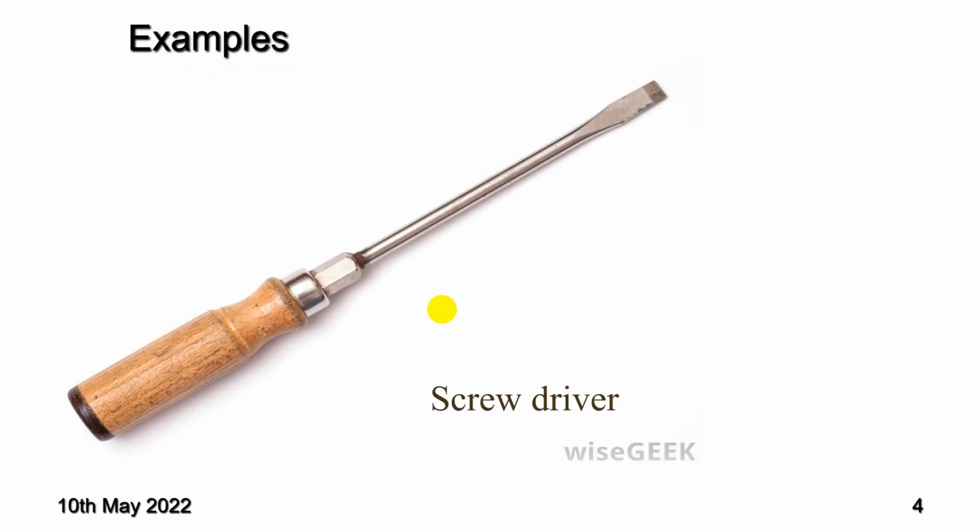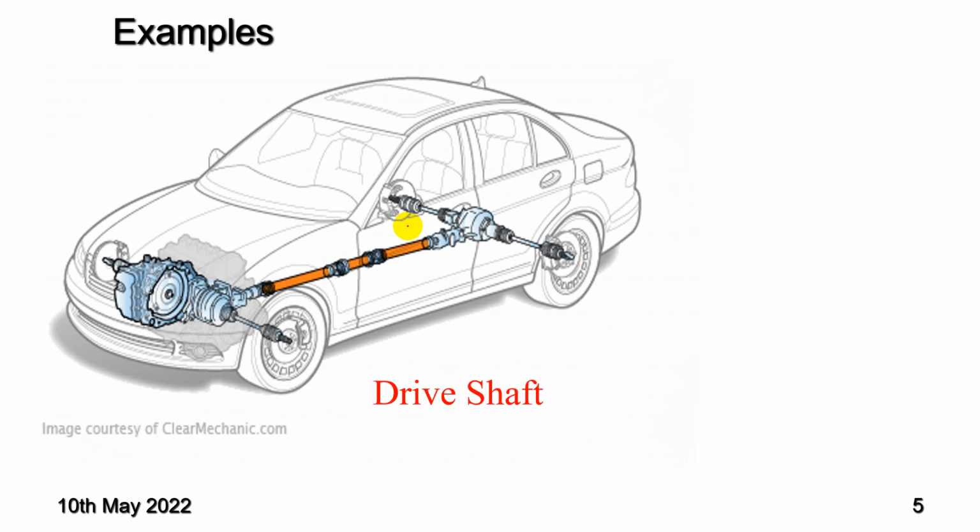A good example is a screwdriver. When you rotate from one end, the torque is transferred through this shaft to the other end, where the screw either gets tightened or loosened. So this is a classical example of torsion, the application of torque.